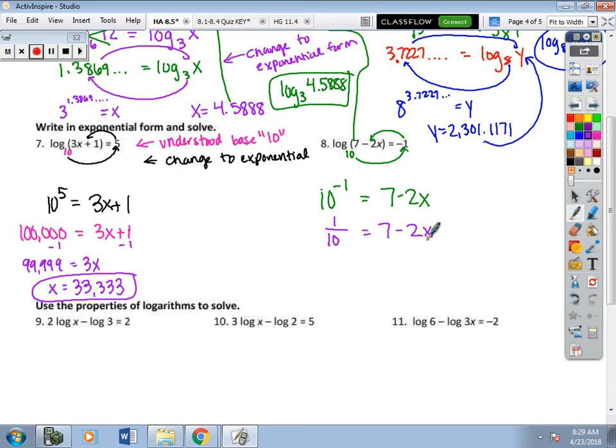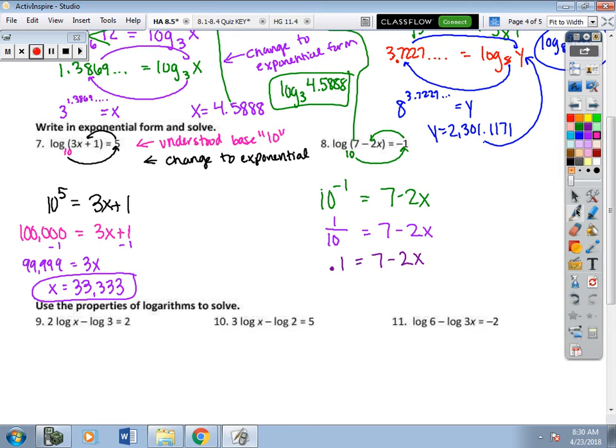That's up to you. But it looks like I left it in fraction form, just to practice fractions, but you could do either. So we could change this to be 0.1. And then just subtract 7 and divide by negative 2 and see what we get.